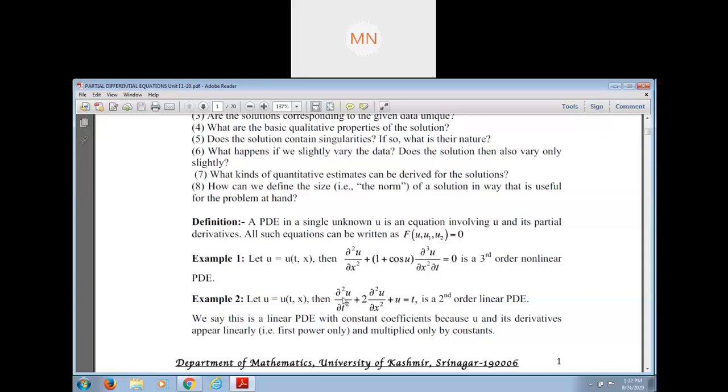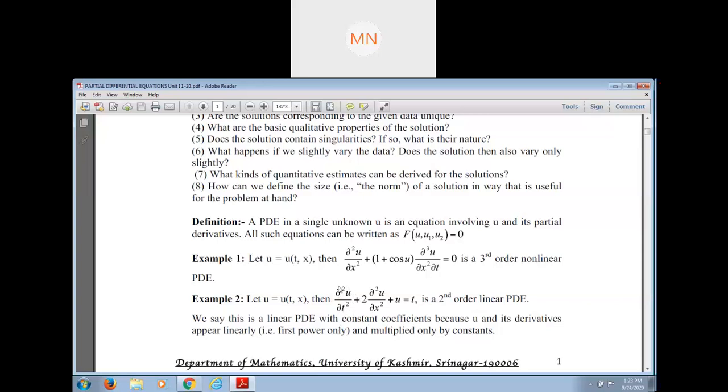But degree means the power of the highest derivative. Here the highest derivative is del 2, and the power of this term is what? 1. So the degree is 1.